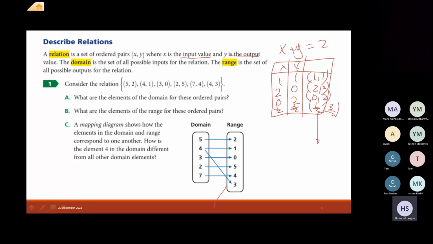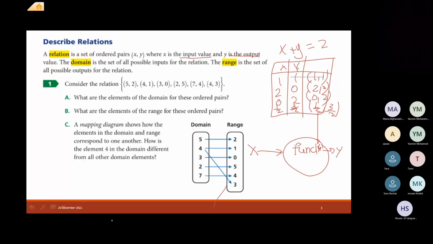Y. Like a machine, you put in x, something happens inside the machine under a function, and you get y. Y depends on x. So x is the input and y is the output.